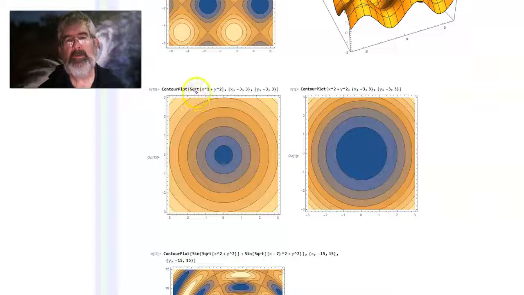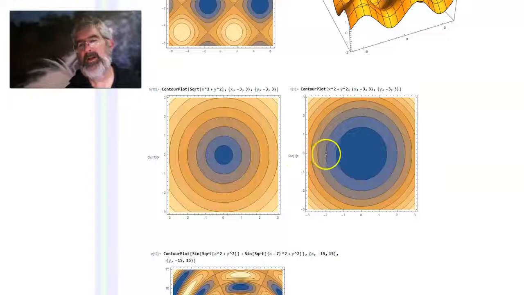This is z equals the square root of x squared plus y squared, where this is a paraboloid, z equals x squared plus y squared. So this has z increasing quadratically with x and y, and this has z essentially increasing linearly. It's the square root of a square. So it's kind of like linear, and sure enough, the contours are equally spaced as you move out. They're all circular. They're equally spaced.